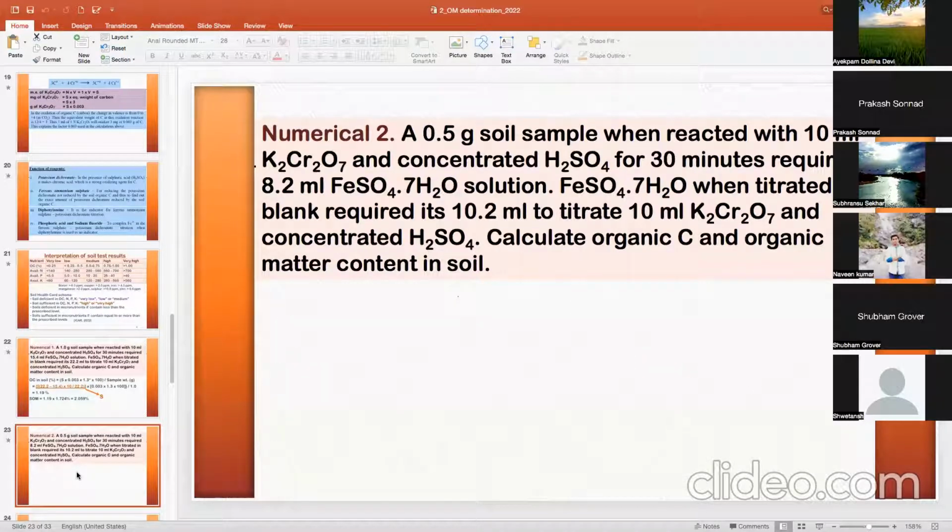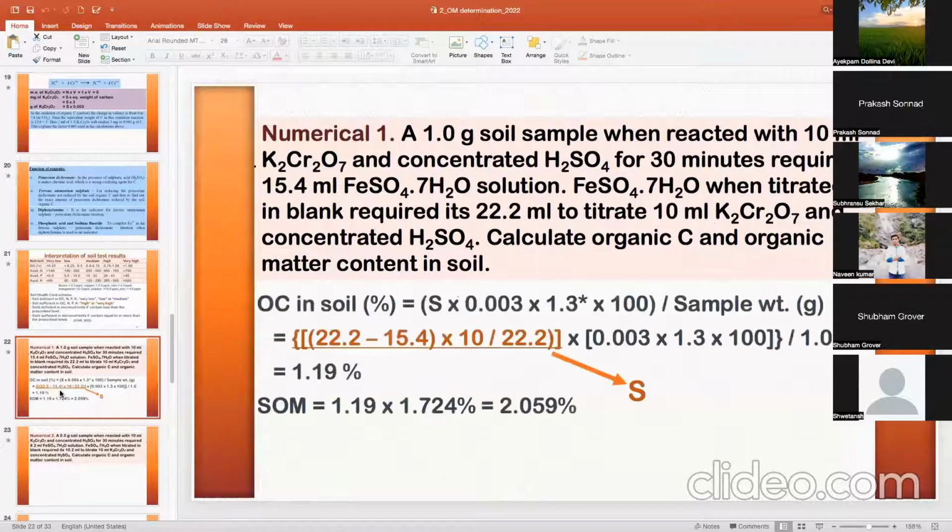So this is for the sample, and ferrous sulfate when titrated in blank required 10.2 ml to titrate 10 ml of K2Cr2O7 and H2SO4. Calculate carbon and organic matter. So please do it. I will flash you the formula.